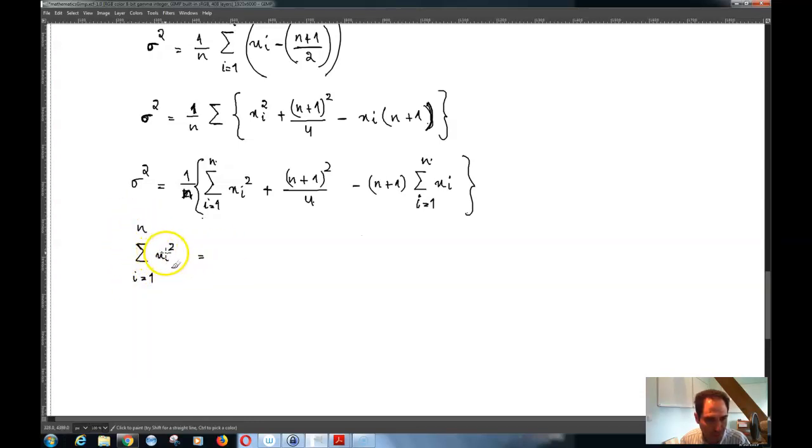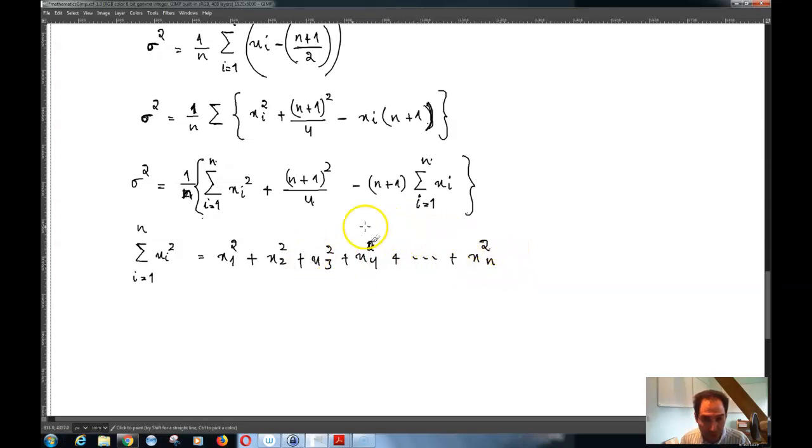So you start with x of 1 squared, and then you add to that, because you have the sigma notation, i becomes 2, so x of 2 squared plus x of 3 squared plus x of 4 squared, right, plus all the way up to x of n squared.